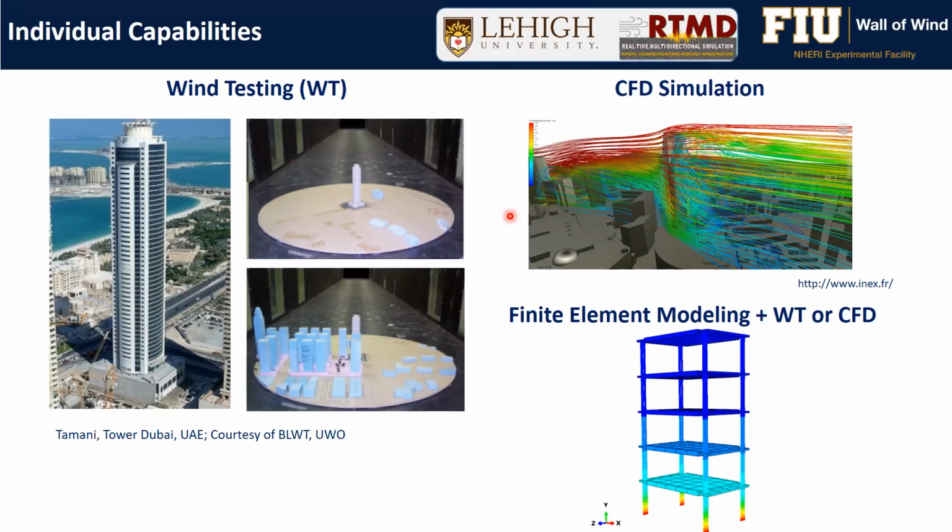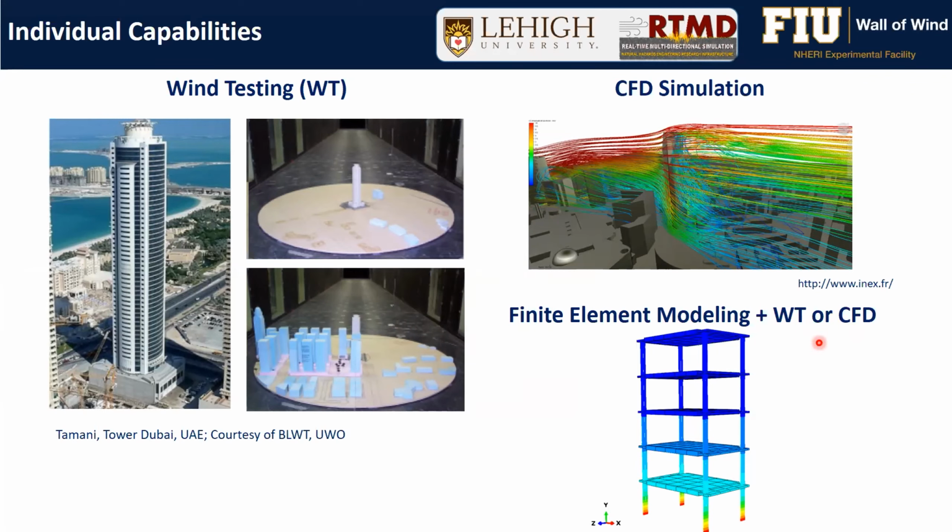And the general tool is to do finite element modeling, combine that with wind tunnel data or CFD data to run analysis. The simulation of a finite element model would give you the ability to consider nonlinearity of the material, which is something that we cannot consider in wind tunnel testing or CFD simulation.